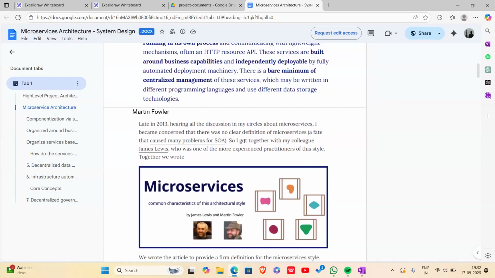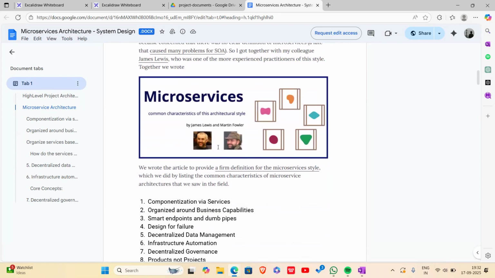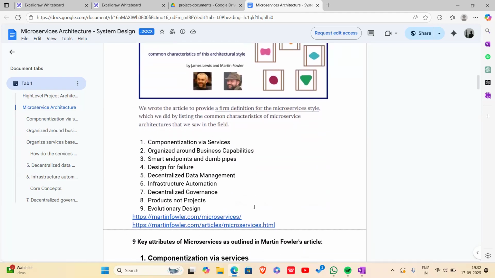It's also based on services. Martin Fowler and James Lewis researched practitioners and more experienced people in the IT industry, asked them how they created microservices, and came up with nine solid principles for microservices.